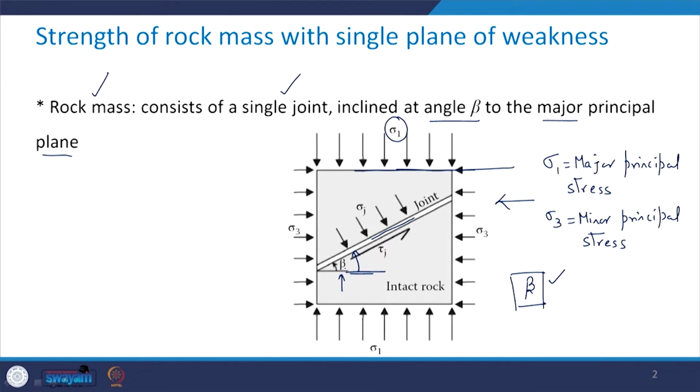So, this part represents the intact rock portion, and this is a joint, and you know that when there is a presence of a joint in the intact rock, we call it rock mass. The condition here is that you have only one plane of weakness.